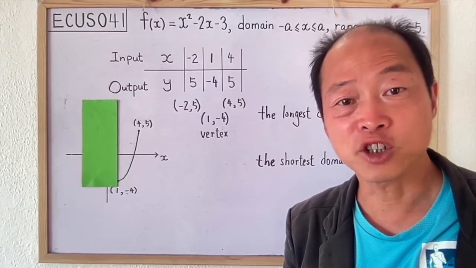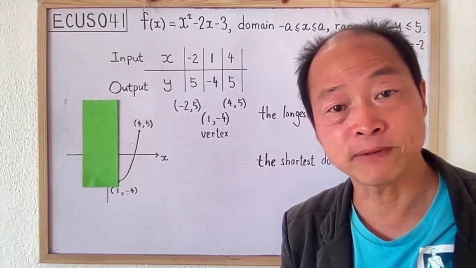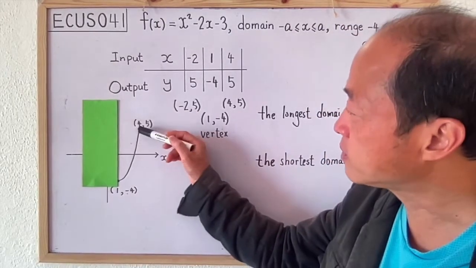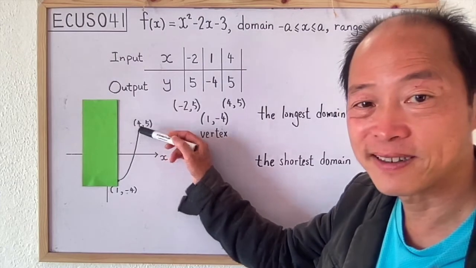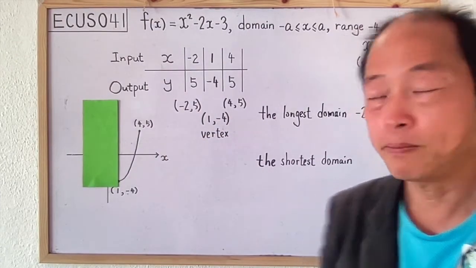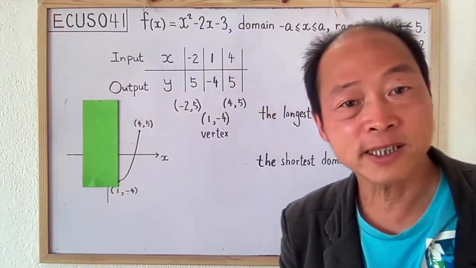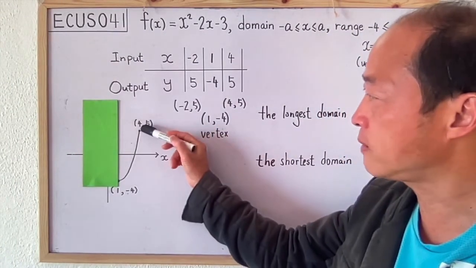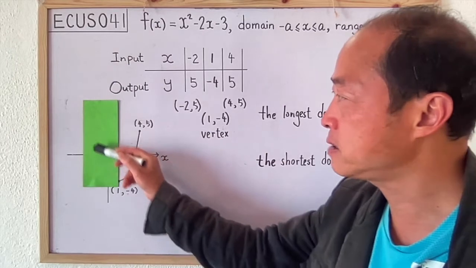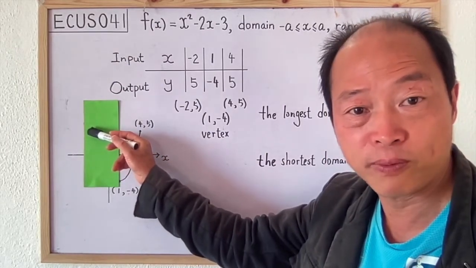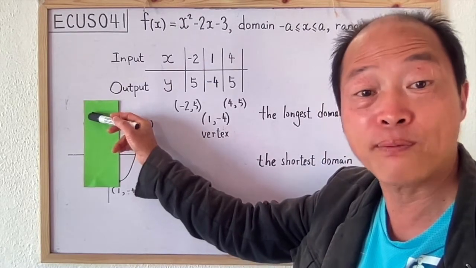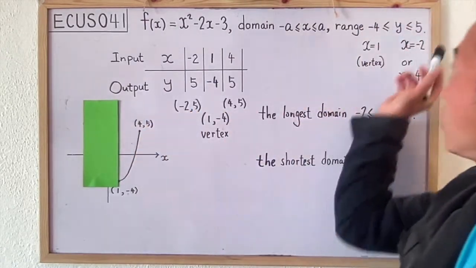Let us analyze the problem from another perspective. Let the part of the graph to discuss start from this point, 4, 5. To keep this range, the longest possible part of the graph has to start from this point, 4, 5, and end at this point, -2, 5. If it exceeds this point, we will have a longer range than this one.